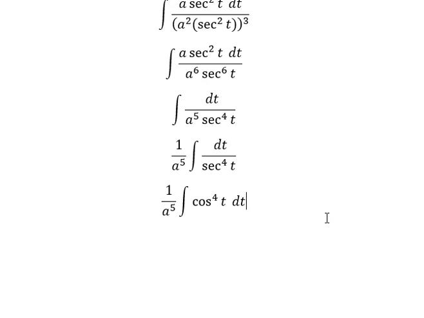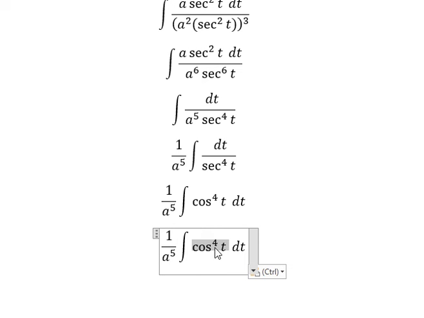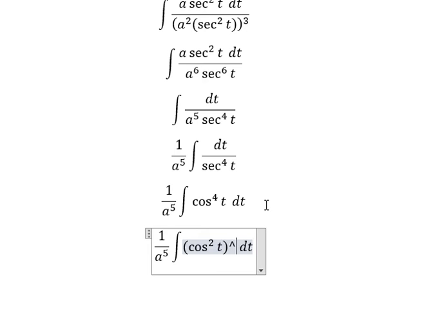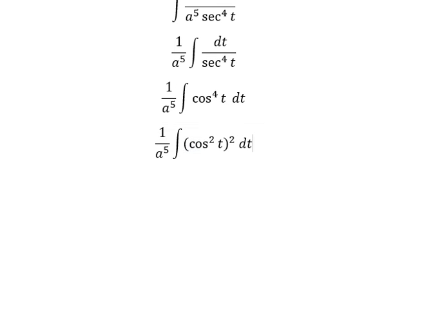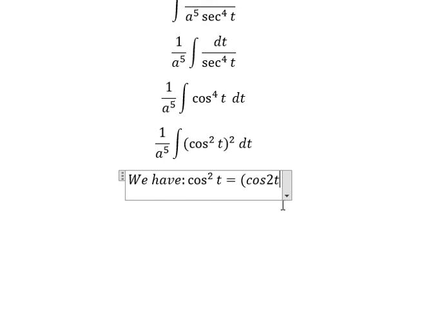Next, cosine t to the power of 4 we can write as cosine squared t, everything to the power of 2. Now we have the formula in here. Cosine squared t we can change into cosine 2t plus 1 over 2.